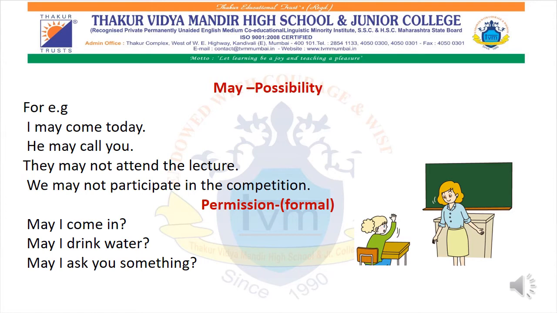As I have mentioned earlier, you all must be thinking, yes, permission was there in can also, but in our modal auxiliary verb can, I have mentioned that we can only use can in an informal manner if you want to ask permission.